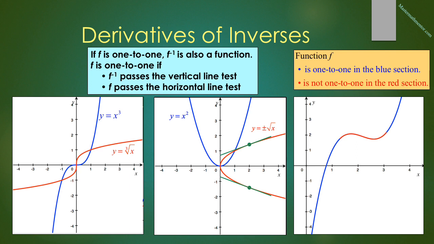Wherever you draw a horizontal line in the red section, it will intersect the curve at a multiple number of points. You will only be asked to find the equation of tangent lines to inverses on curves that are one-to-one or on sections of functions that are one-to-one.